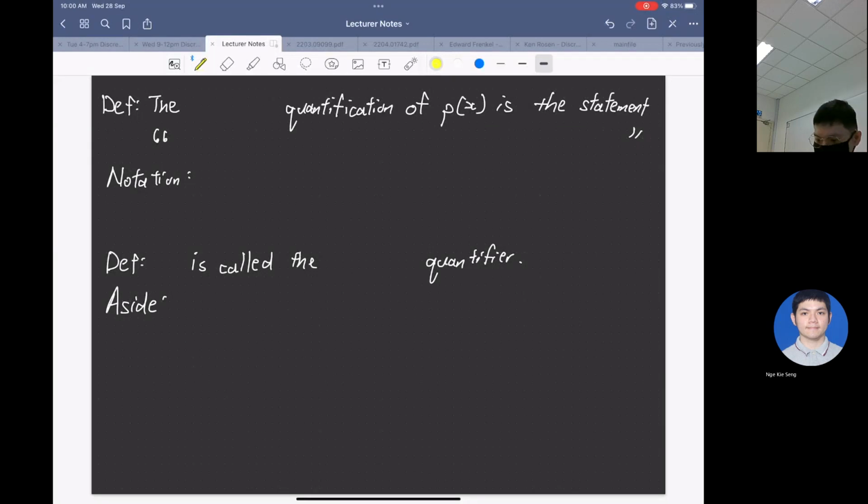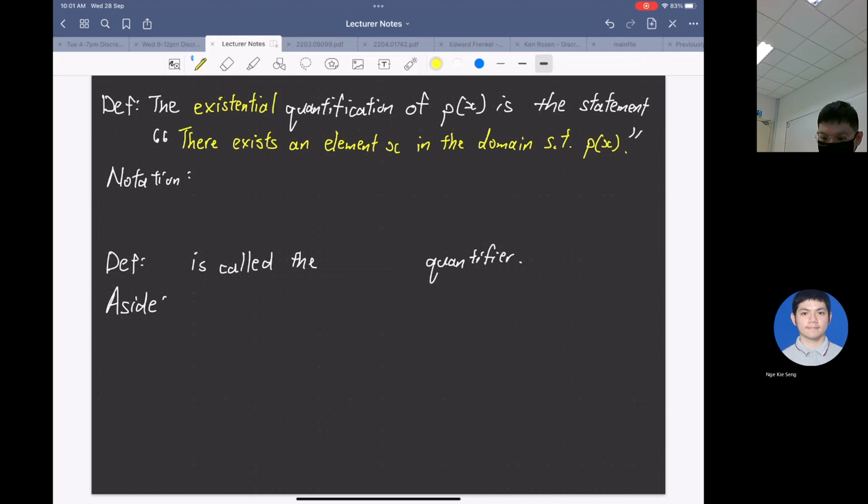Let's start. Okay, next. Ready? Yes, okay, good. So next, the existential quantifier of P(x) says that there exists an x in the domain such that P(x).